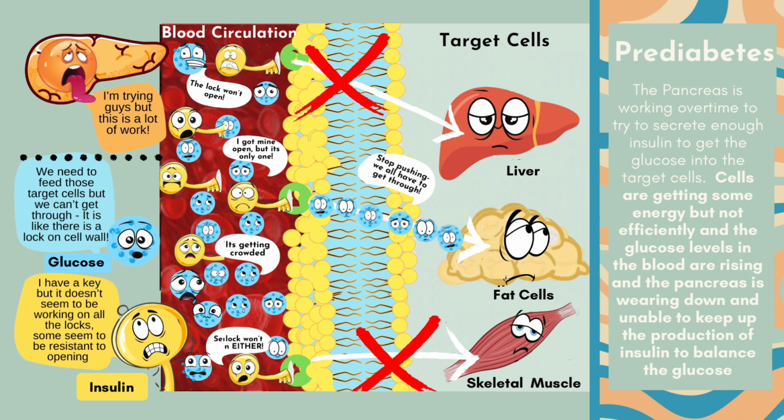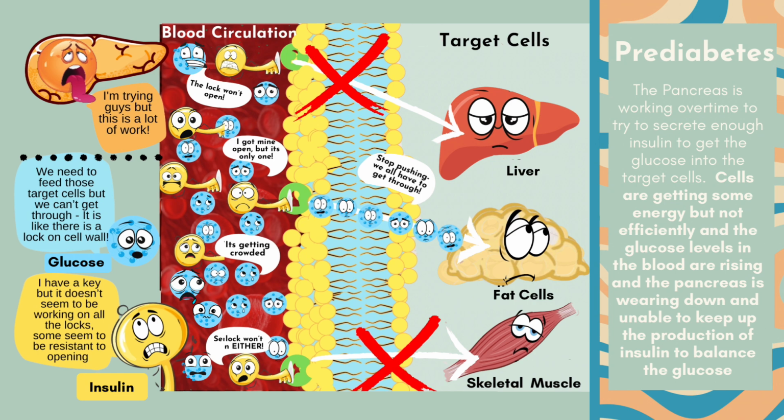But unlike insulin resistance, where there were extra keys and they were managing to keep the number of the little blue guys, the glucose, down, in prediabetes we are starting to see that there's not enough glucose in the blood to be considered diabetic.